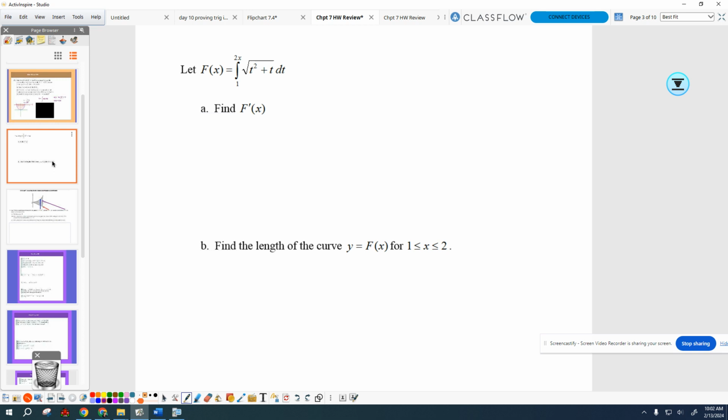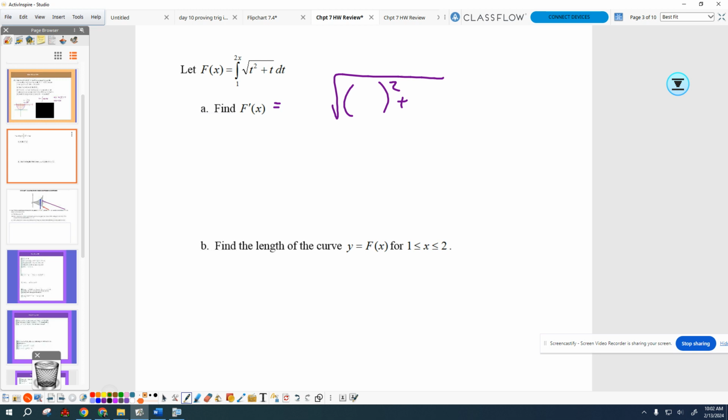Top bound. What is the derivative of the integral? Fundamental theorem of calculus. What is it, Nick? The stuff inside, so tell me, what is the derivative of f of x? Square root of the stuff inside, everywhere that there was a t, what do I plug in?